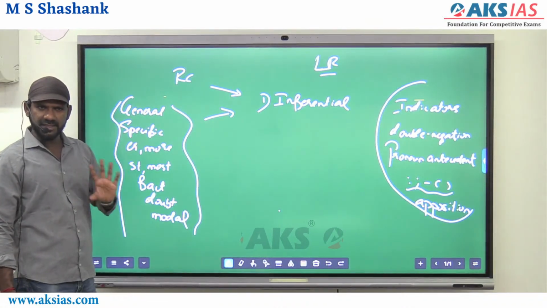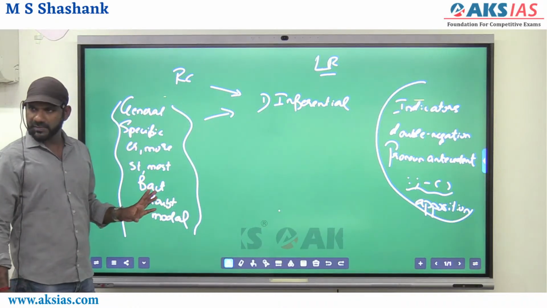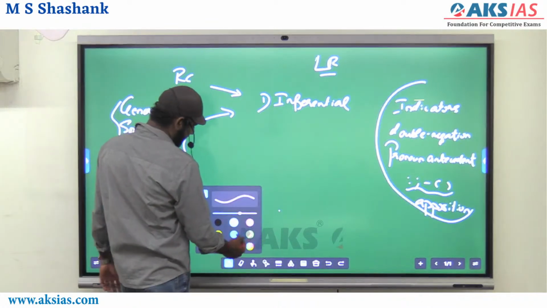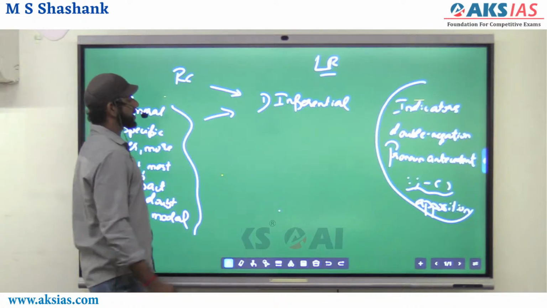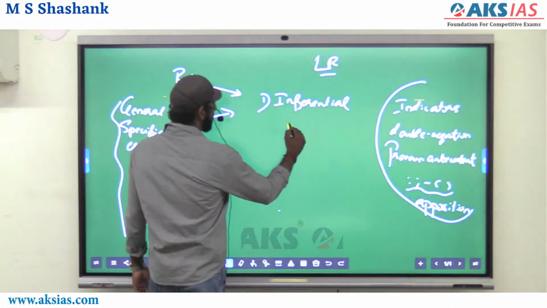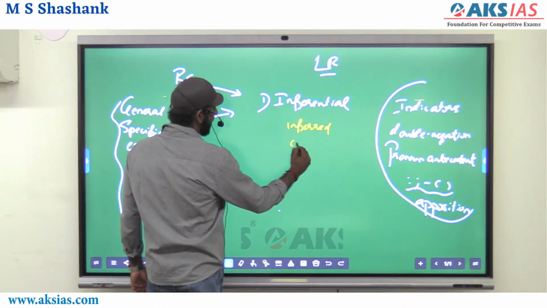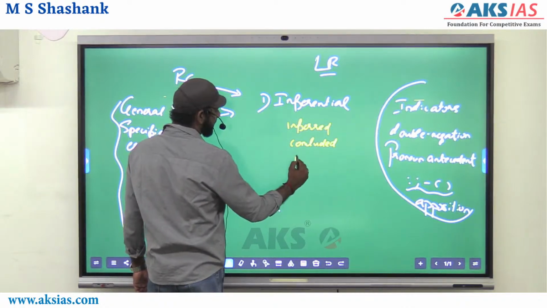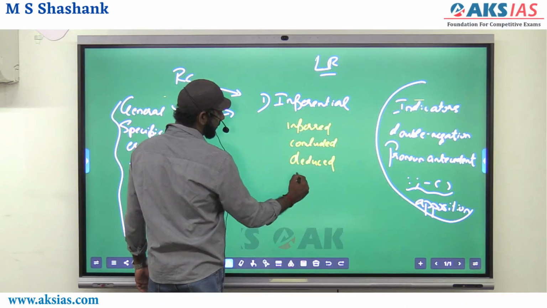Means our task is just to find out an option that is there in the paragraph and think about all these concepts. And if it is an inferential question, you will find any of these words in the question. What can be inferred from the paragraph? What can be concluded from the paragraph? What can be deduced from the paragraph?